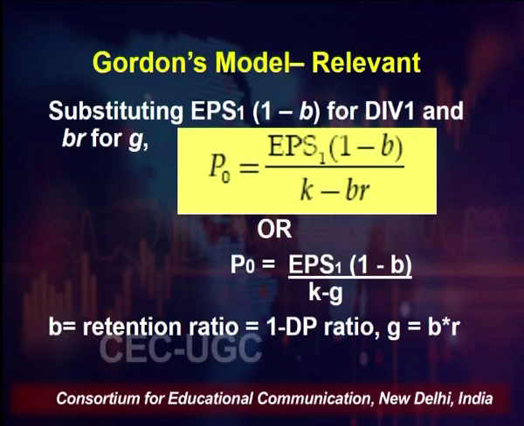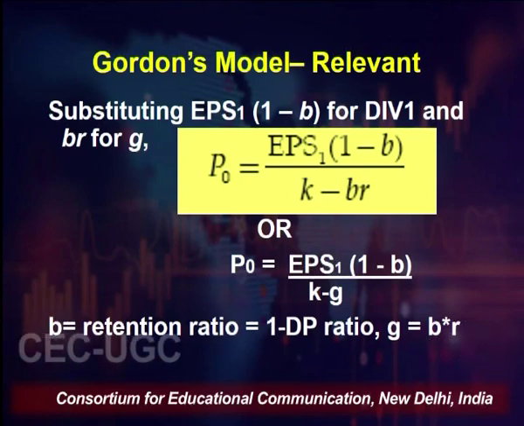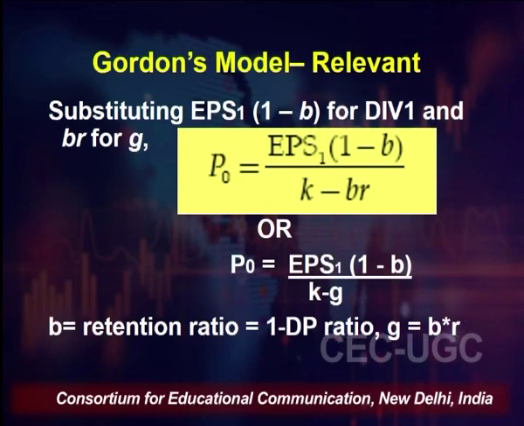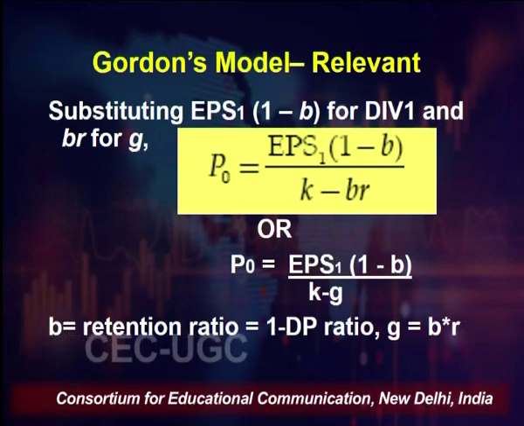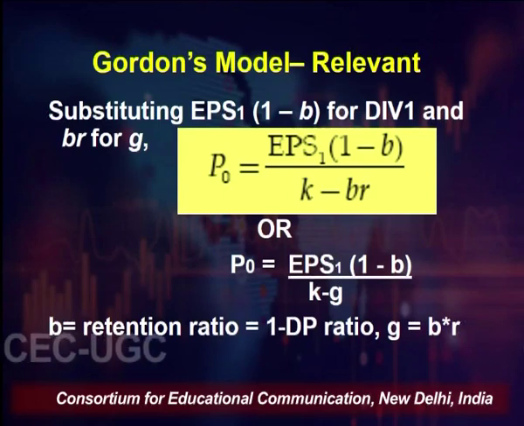According to the Gordon model, the price of the share is equal to EPS at time period 1 multiplied by 1 minus b, b standing for the retention ratio, divided by k minus br. This formula can also be presented like the equation given on the lower side of this slide, where br is replaced by g.